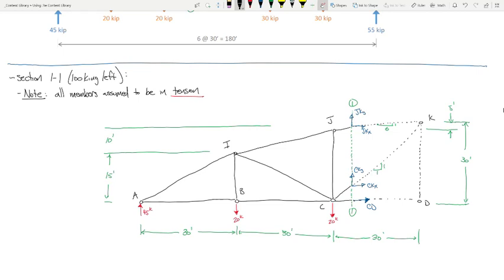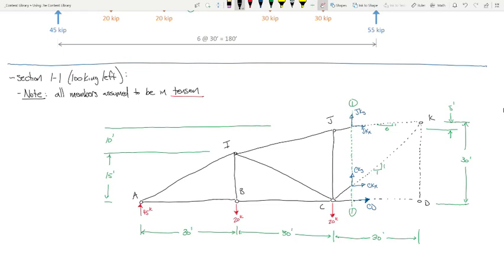Okay. The first thing I want to do is look at this like it's a joint problem and start to illustrate why we're using the method of sections. Let's go back to our goal. We're trying to solve for these unknowns. Could I go ahead and sum forces in the x direction?